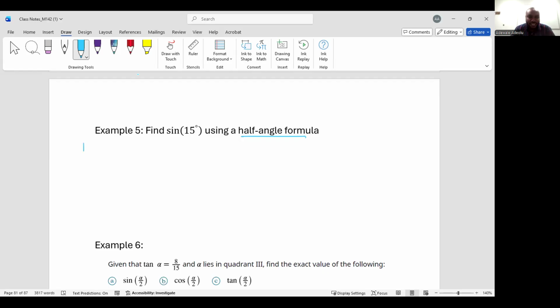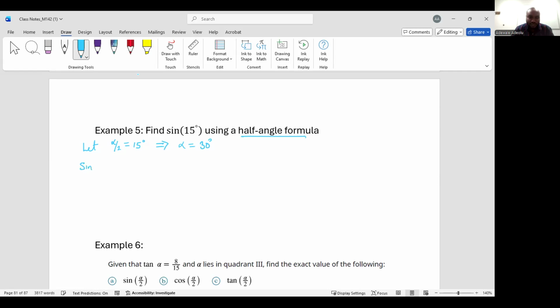So I can say let alpha over 2 be 15 degrees, right? Half angle. Let it be 15 degrees. That is, there is some angle, the half of it is 15. So that implies that alpha equals 2 times 15, which is 30 degrees. Just like I did when I was deriving the formula.